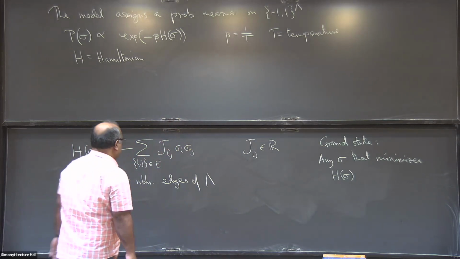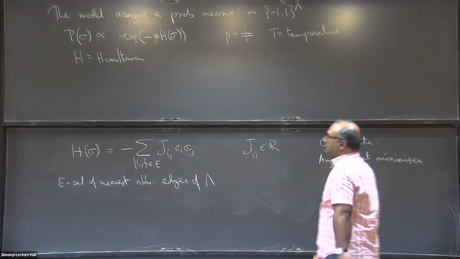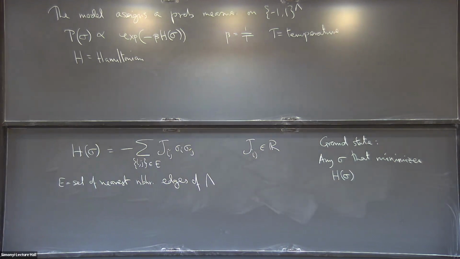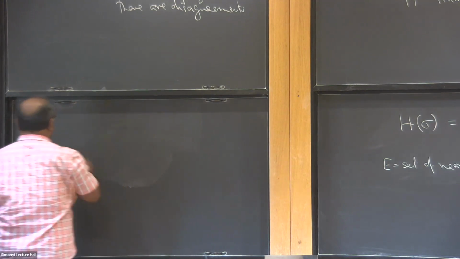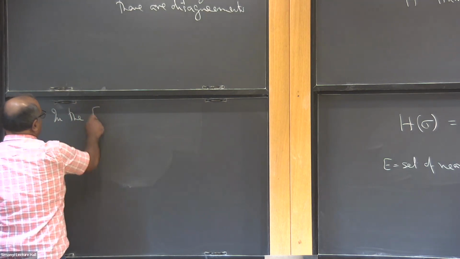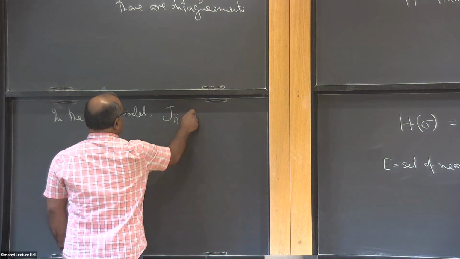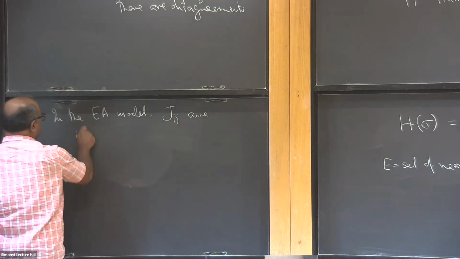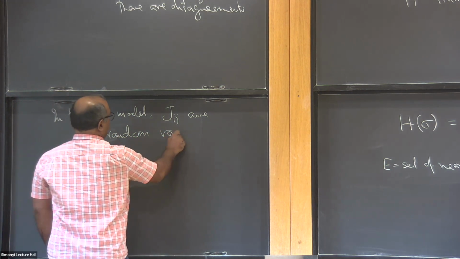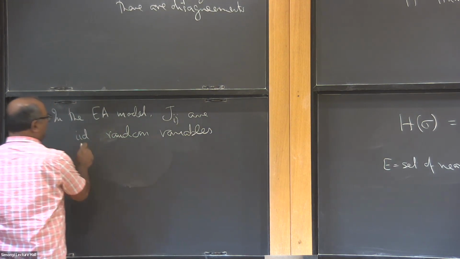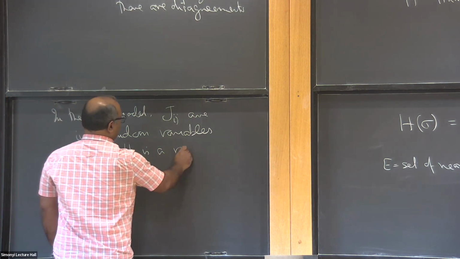But for the Edwards-Anderson model, the Jijs are defined in a slightly strange way. In the Edwards-Anderson model, the Jij are IID random variables, so that H itself is a random function.